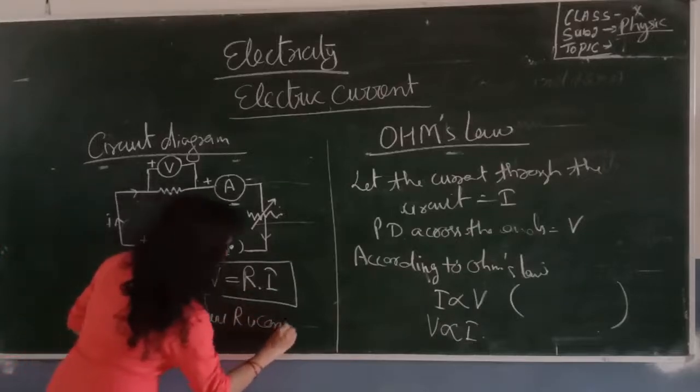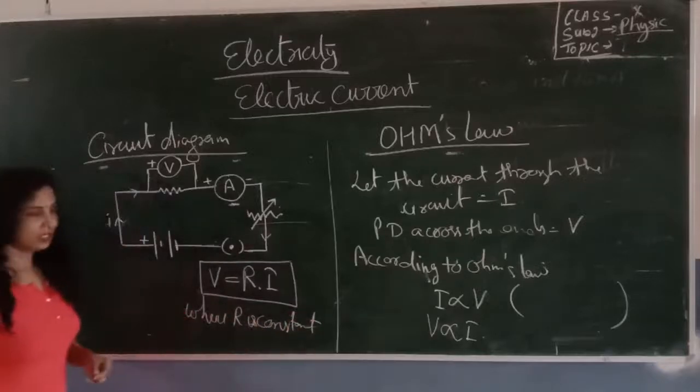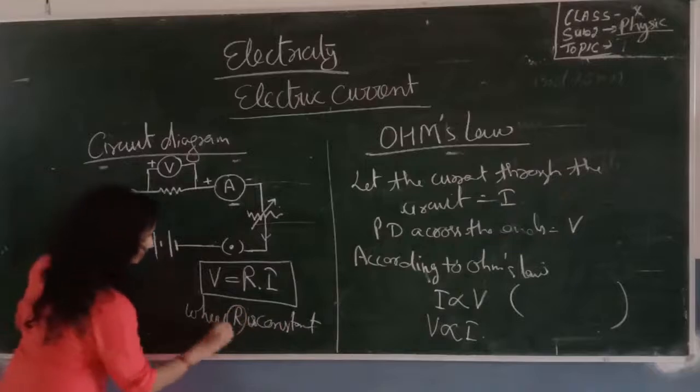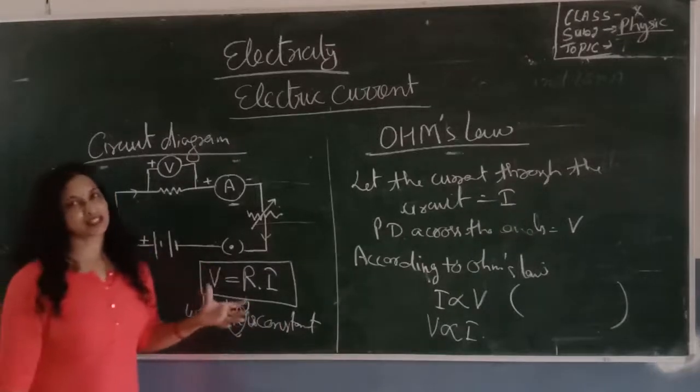R is constant called resistance. So this is the resistance, and I will explain what is actually the meaning of the resistance.